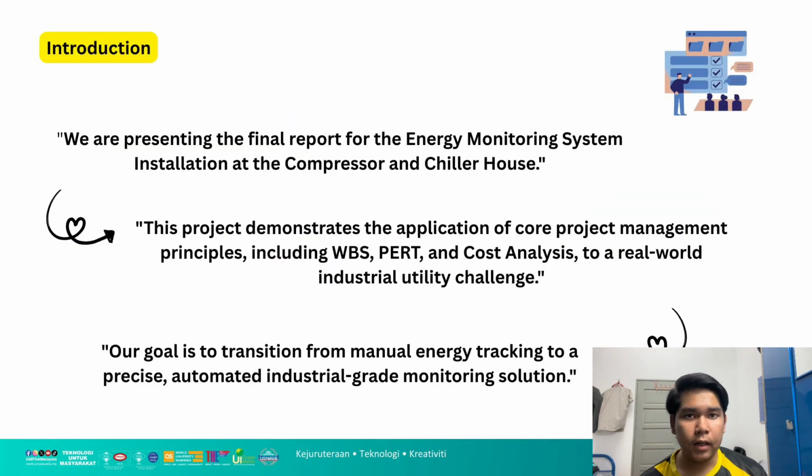To begin, let's look at the background of our project. We are focusing on a high utility area, the compressor and chiller house. In any industrial setup, energy consumption in this area is massive, yet often poorly tracked.